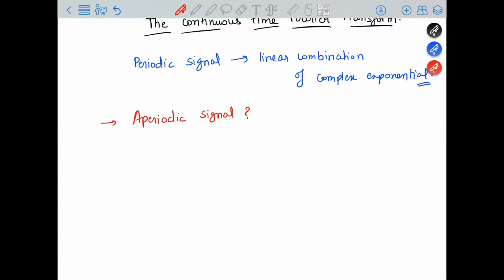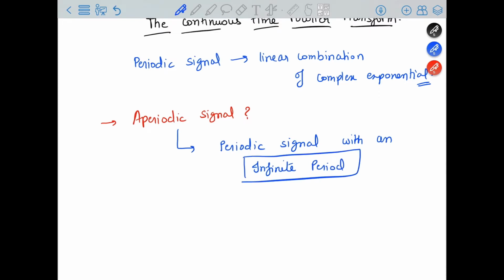Fourier reasoned that an aperiodic signal can be viewed as a periodic signal with an infinite period. So if we increase the period of a periodic signal and make it infinite, then it will represent an aperiodic signal.